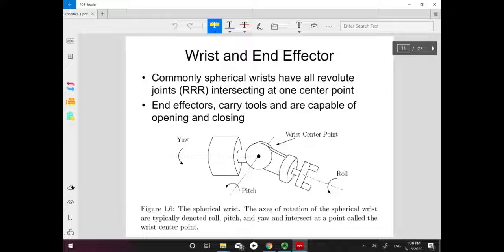This figure is a wrist for a robotic arm, and probably the most common end effectors are a wrist and a robotic hand. If we consider this part as the end tooling, at the end of the manipulator, right here, is the wrist center point.